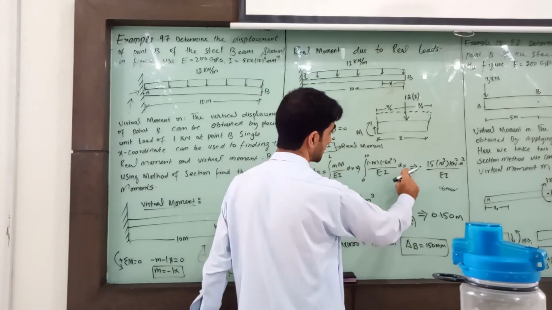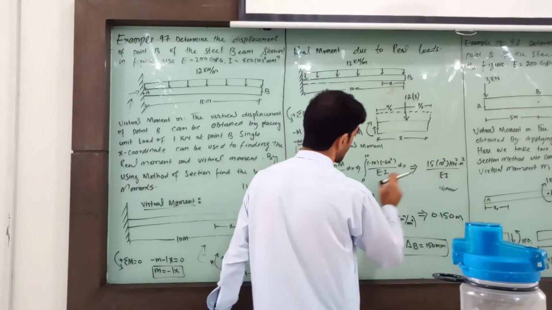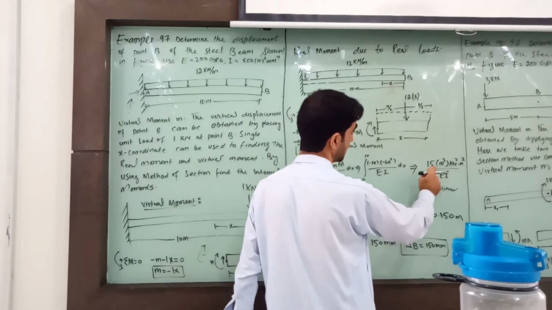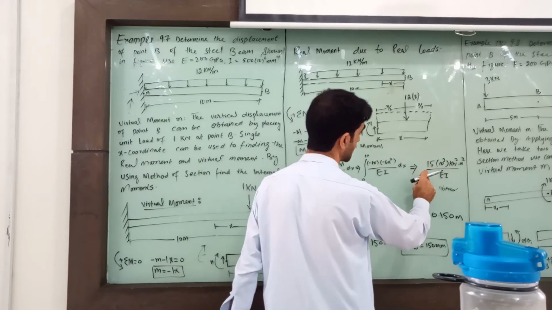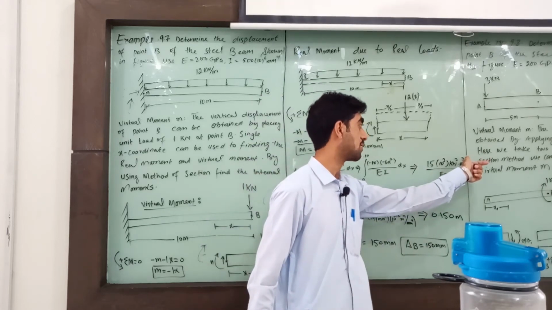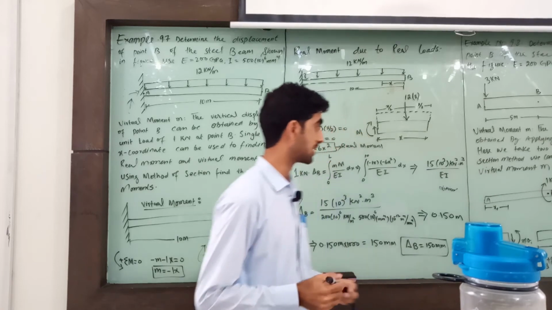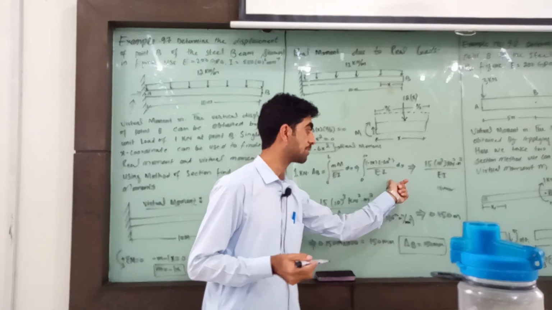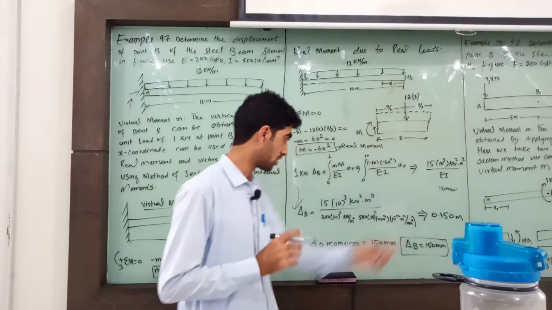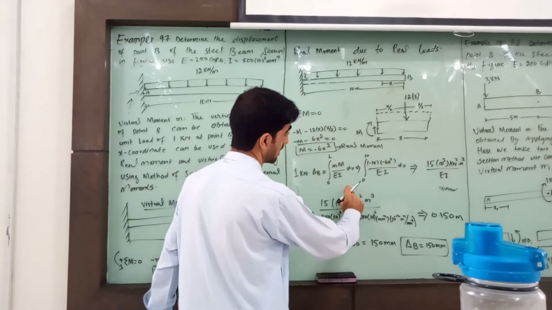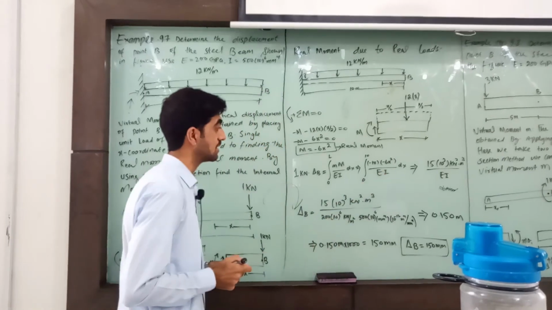So dx is equal to, so we can compute this step. So we obtain 15 × 10³ kilonewton² m³ divided by EI. So in every step we divide by EI, modulus of elasticity and moment of inertia. Okay. So lastly we compute, and this is the answer.